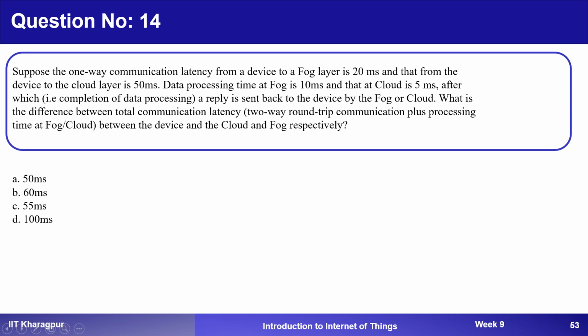And for fog it is 20 one way, 20 for the response coming back, so it is 40, and the data processing time is 10, so total is 50. So the difference will be 105 minus 50, which is 55. Got my point or should I repeat?